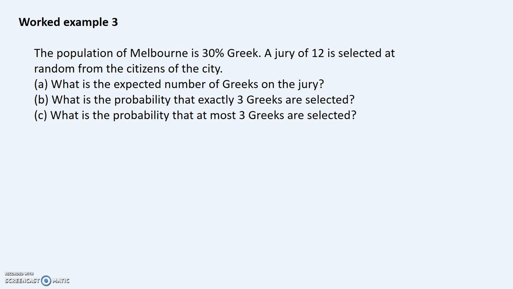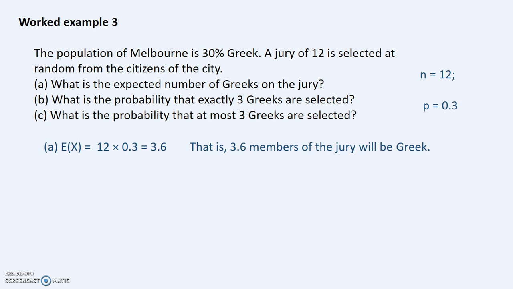Another example: the population of Melbourne is 30% Greek. A jury is selected from random citizens, 12 people in the jury. What's the expected number of Greeks on the jury? Well, 30% of 12 is 3.6, so we'd expect 3.6 jury members on average. Of course, you can't have 3.6, so that's why we asked question B, what's the probability of getting exactly 3?